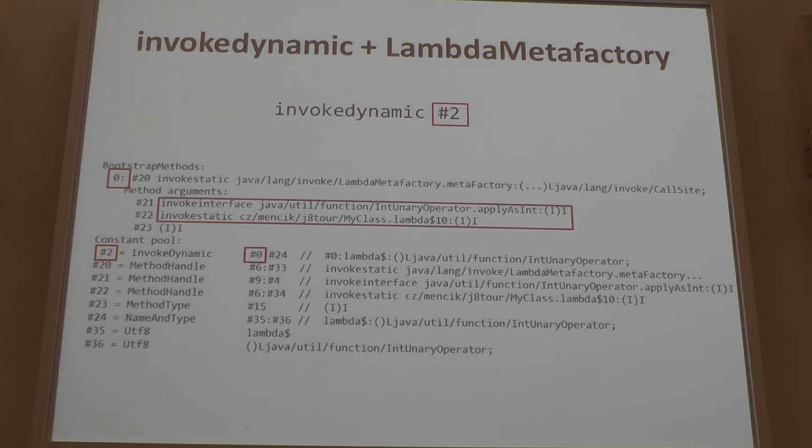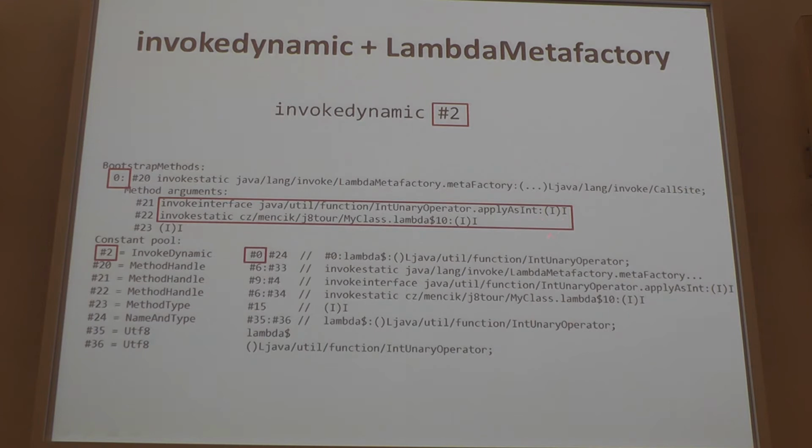And here we continue. The bootstrap method gets these arguments, and those are basically the references to those two parameters. The SAM method is the method in the functional interface I used. You see here it is UnaryOperator applyAsInt.